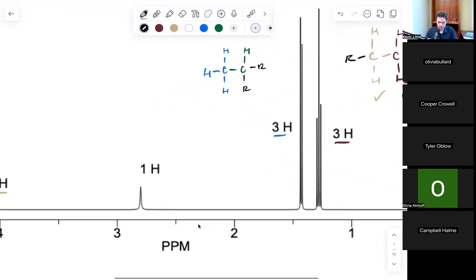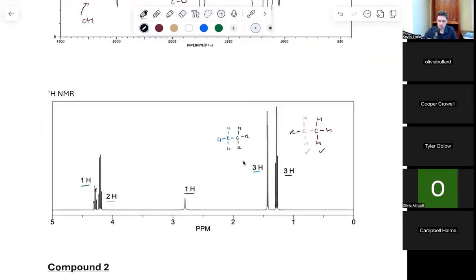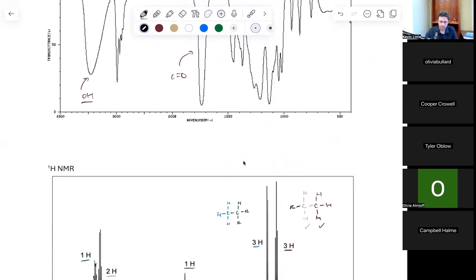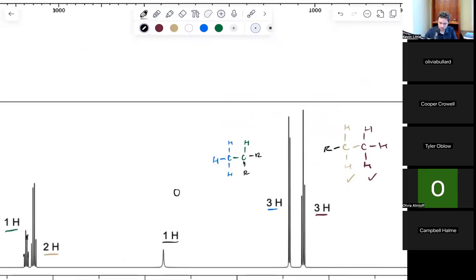Then I see this peak. What does that peak look like? Alcohol group. It's almost certainly an OH. Mostly, I mean, we also know we have an OH, right? So there's got to be an OH somewhere.